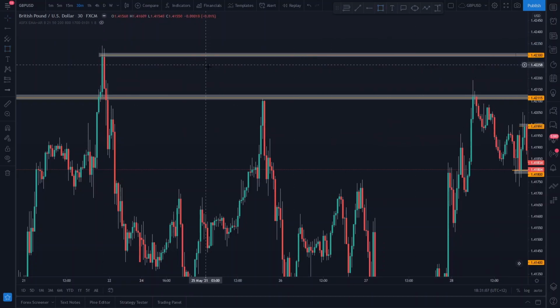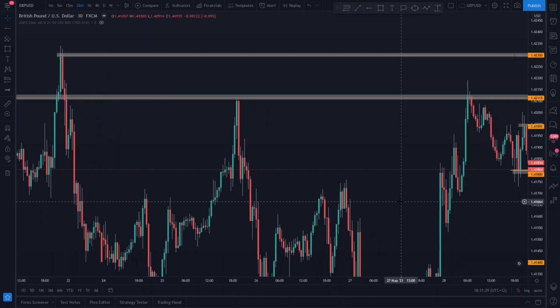Cool. The whole point of drawing a box, because support and rejections, they're always a zone. It's never a particular value. It's not that it's gonna get rejected from 1.42200 or 1.42356. No, it's always a zone and it can reject at any time in that zone.